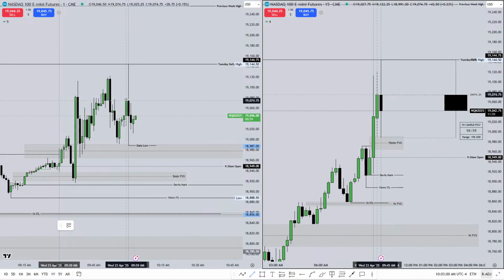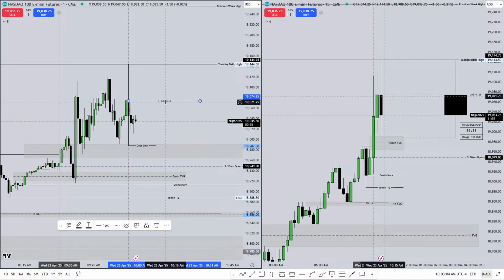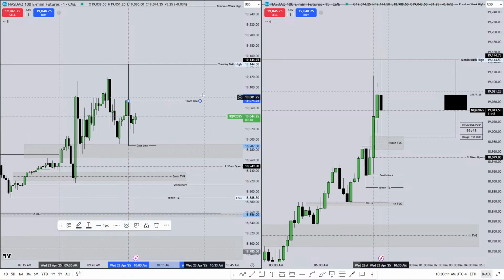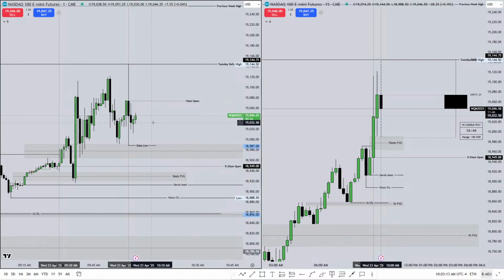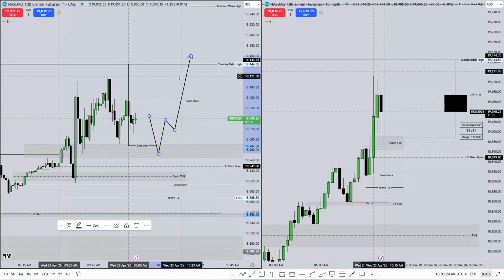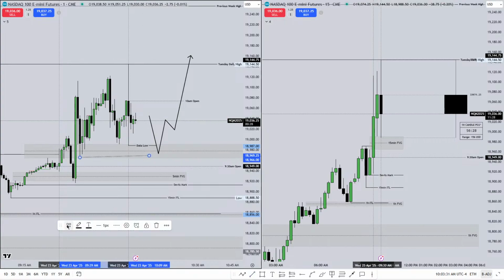Ten a.m. open. One scenario, some displacement below here, inverse of fair value gap, take out these equal highs. If we could get something like that, even better if we got some SMT at like a low down here.